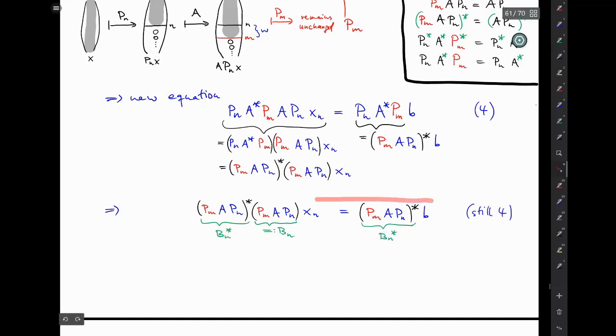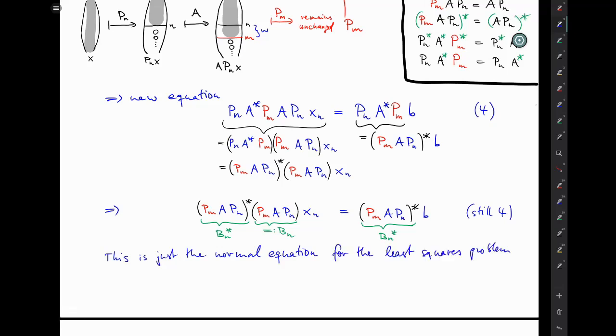But now if you look at this pattern long enough, you see that this is just the normal equation for the least squares problem, or Ausgleichsproblem as you say in German. BN xn is approximately equal in the sense of least squares to our right hand side b. I think that is worth another label, which must be 5.